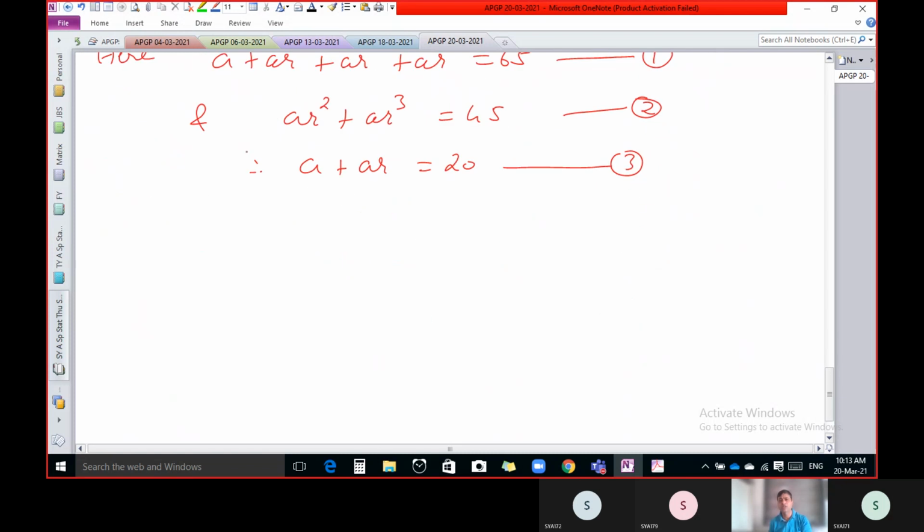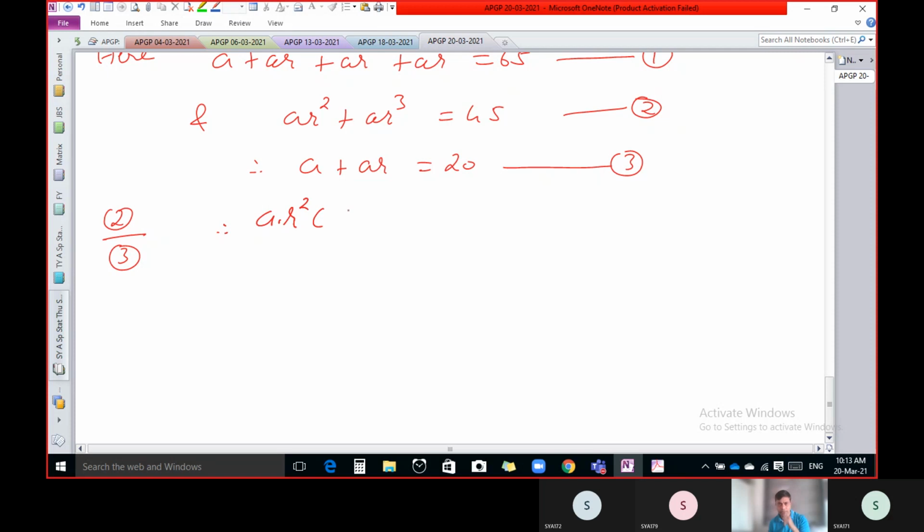Because it is in the form of multiplication, a into r square, it is better to divide equation 2 by 3. From the left hand side of 2 you can take common. What is common? a into r square.